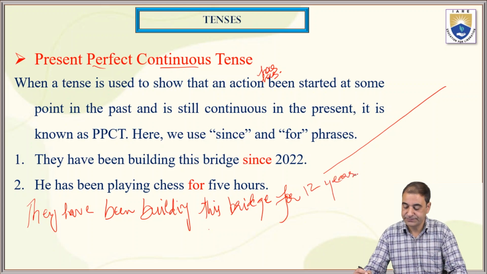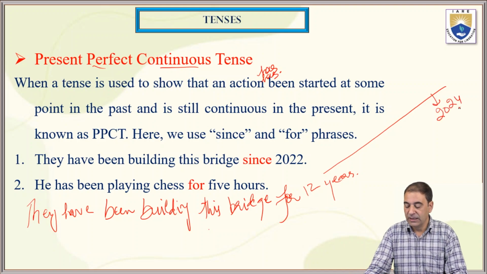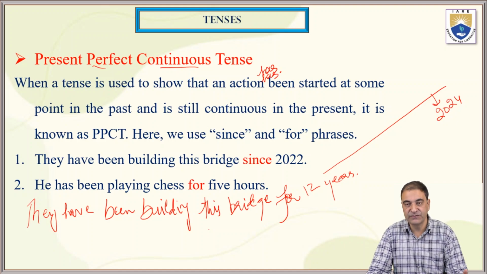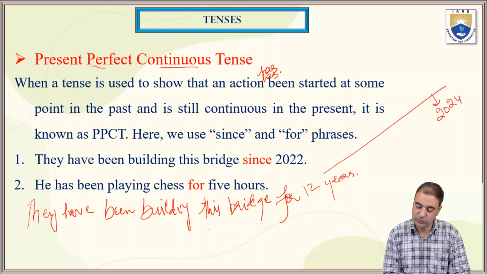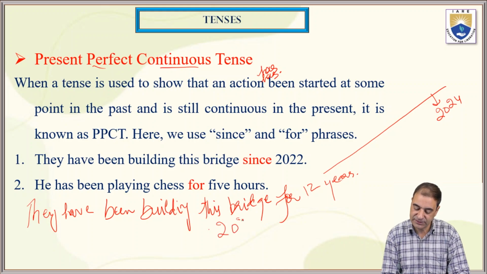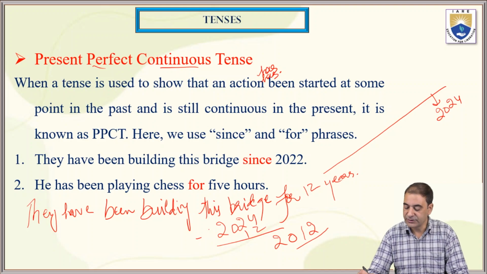Now, look here. Today it's 2024. They have been building this bridge for 12 years. That means present is 2024. If we subtract 12 years from 2024, it means 2012.